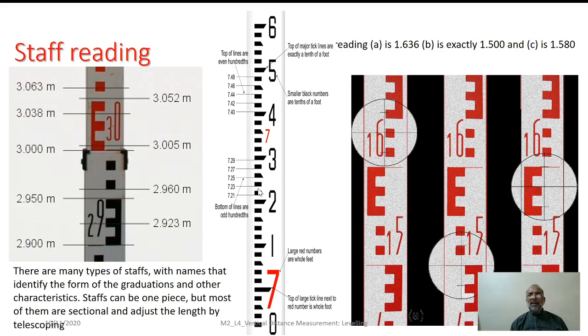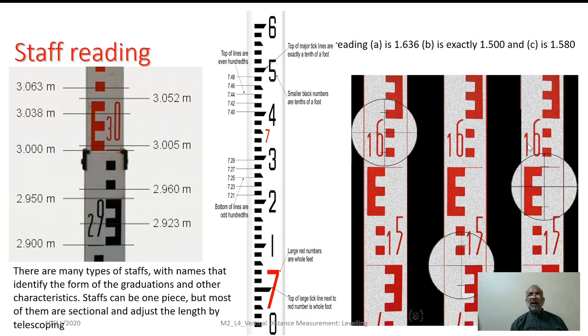Then this portion is showing 7.23. As such, these graduations need to be studied before taking the reading. This is another part which is showing various readings. The first one is showing 1.636, second one is 1.5, third one is 1.58.